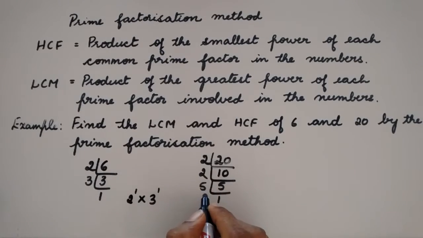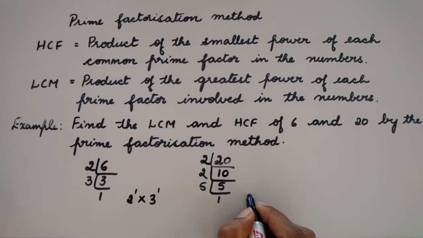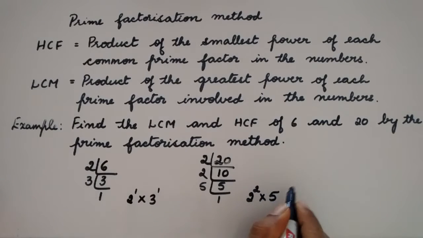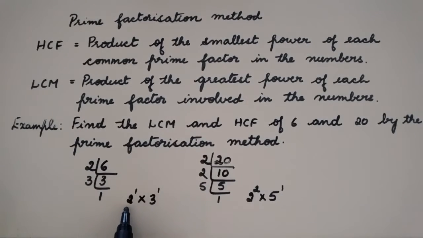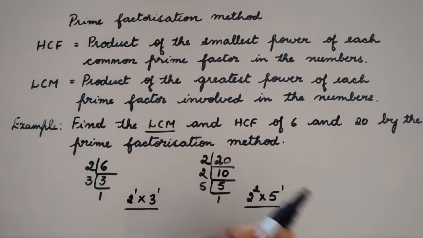So the prime factors of 20 are 2 square into 5 to the power 1, that is, 2 to the power 2 into 5 to the power 1. Now look at the prime factors of 6 and look at the prime factors of 20. Now we are going to find the LCM.